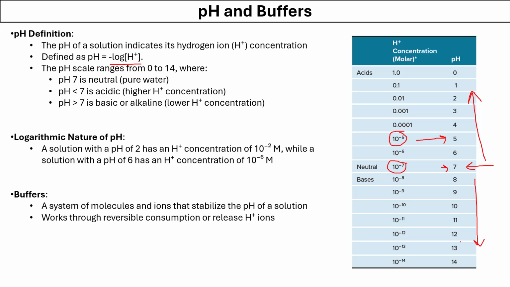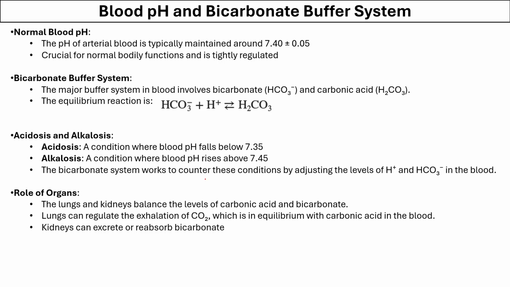A buffer is a system of molecules in which the ions are produced in such a way that the pH does not change a lot. In your body, the blood system is a very good example of a buffer. Blood has a pH of 7.5. This is the pH that it needs for its proper functioning.